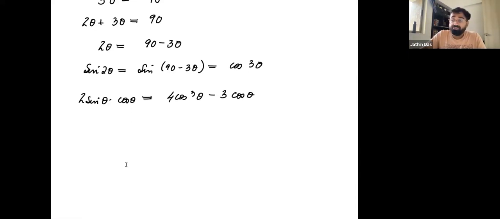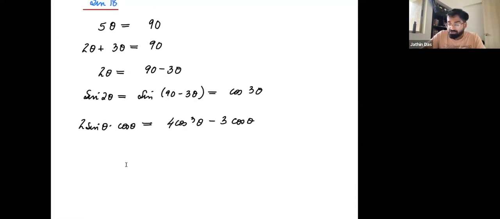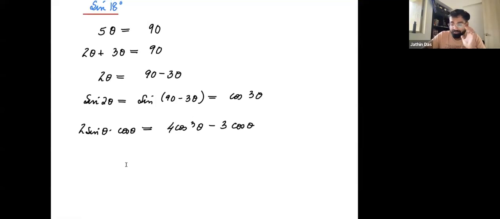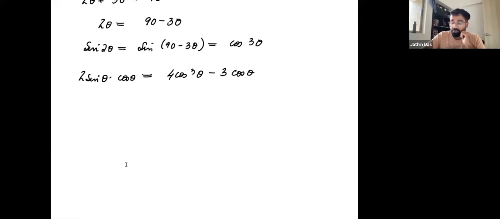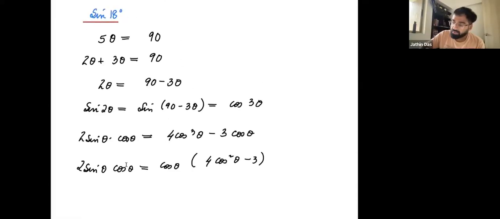Now we want to find the sine value. Theta is 18 here, and I want to find sine out of this. I'll take cos theta common here. I'm just repeating what I've told you before.